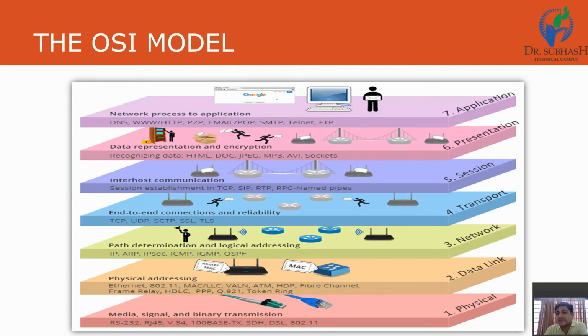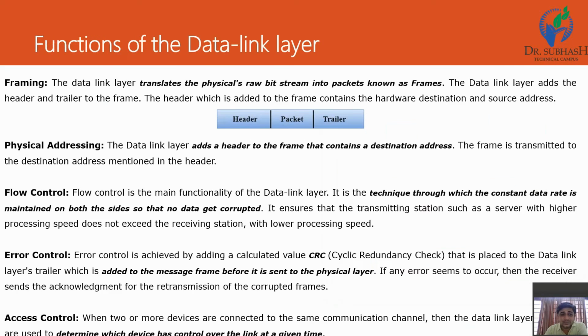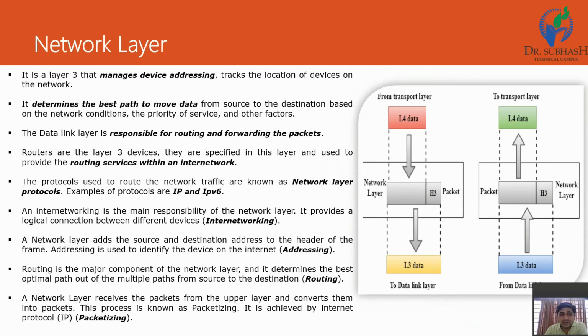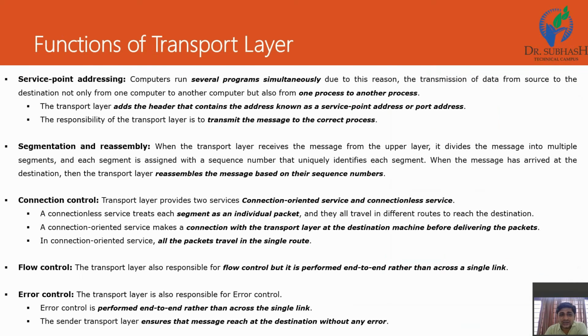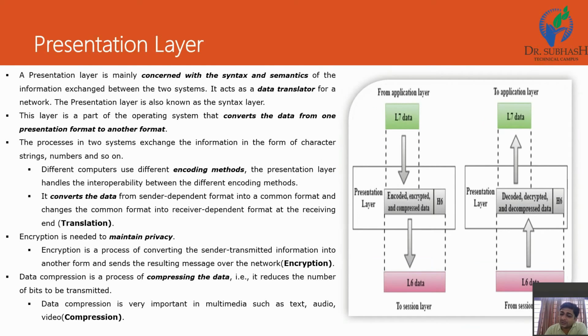And now we will discuss the presentation layer. Physical layer, data link layer, network layer, transport layer, session layer and presentation layer. Presentation layer mainly deals with syntax and semantics. Now what is syntax? That we know.